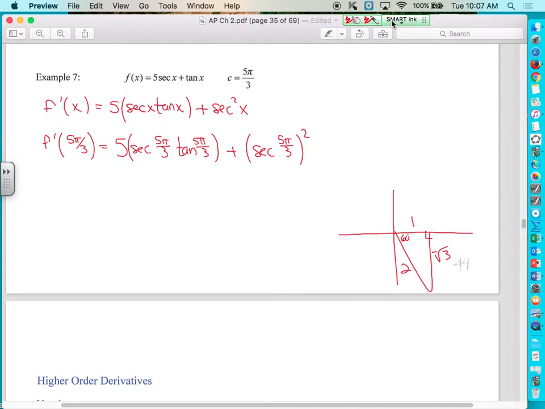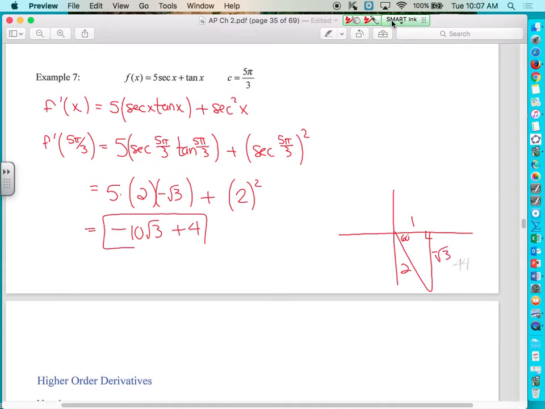So secant, that's the reciprocal of cosine. So 5 out in front here. The cosine would be 1/2, so the secant is 2. Tangent for 5 pi over 3, that's opposite over adjacent, so that's negative root 3 over 1. And then secant squared, secant again was the reciprocal of cosine, so that would be 2 squared. So it looks like I have negative 10 root 3 plus 4 for this one.